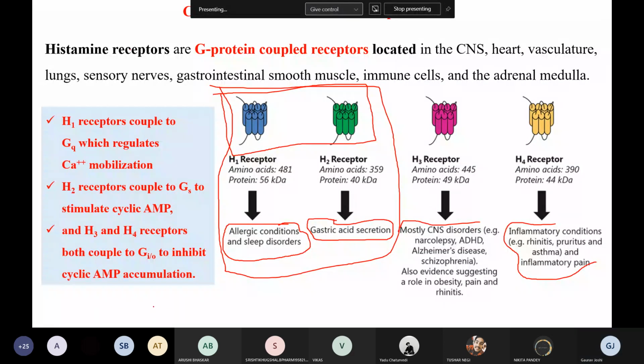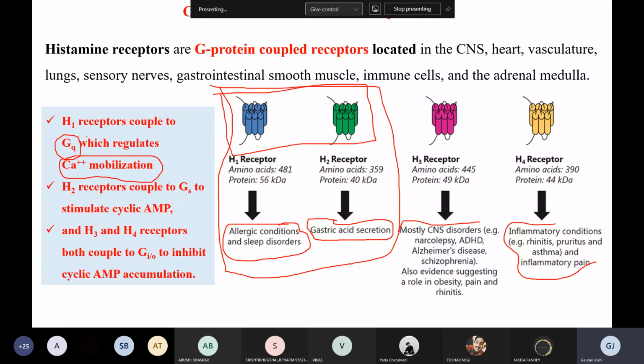Now you might be remembering the mechanism of GPCR. The H1 receptors are coupled to Gq, right? These are subtypes of the GPCR receptors. Gq is involved in the regulation of Ca2+, calcium mobilization.